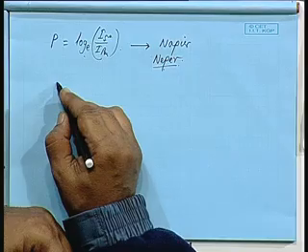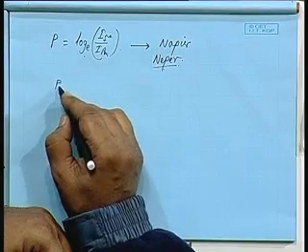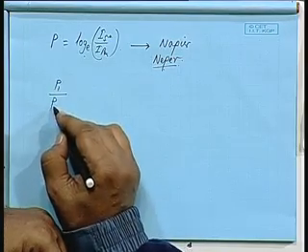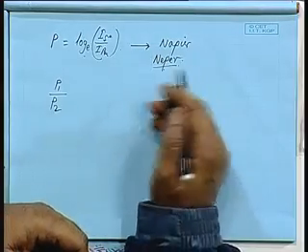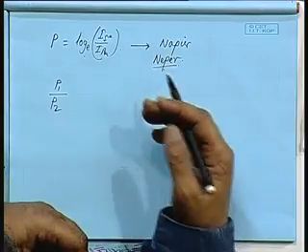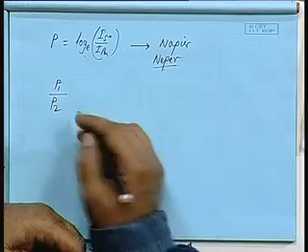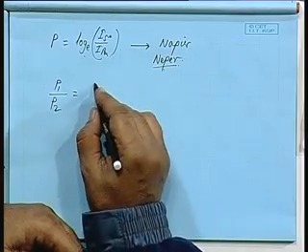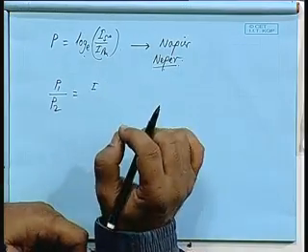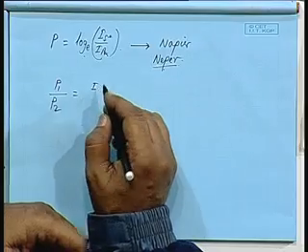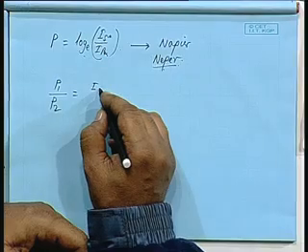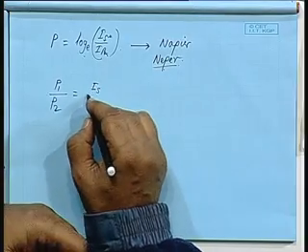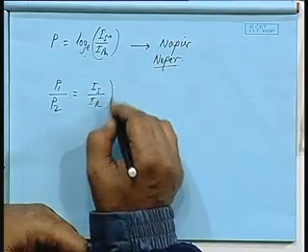Now, in any network, if we take the ratio of the power, P 1 is the power that is pumped into the circuit, P 2 is the power that is extracted at the receiving end, then it will be equal to, if it is compared with the same, say if the current is flowing through the same resistance, say 1 ohm, then it will be proportional to I s by I r squared.